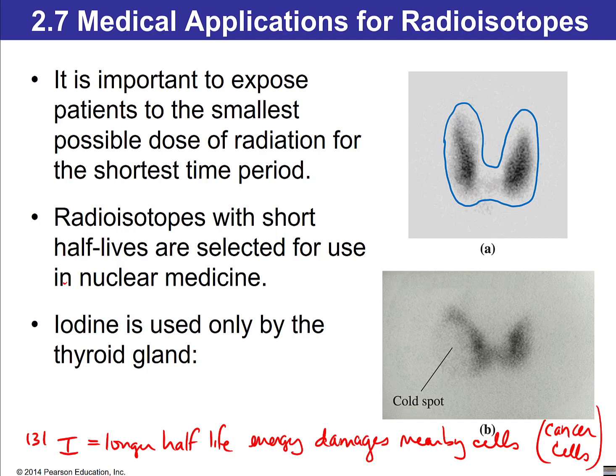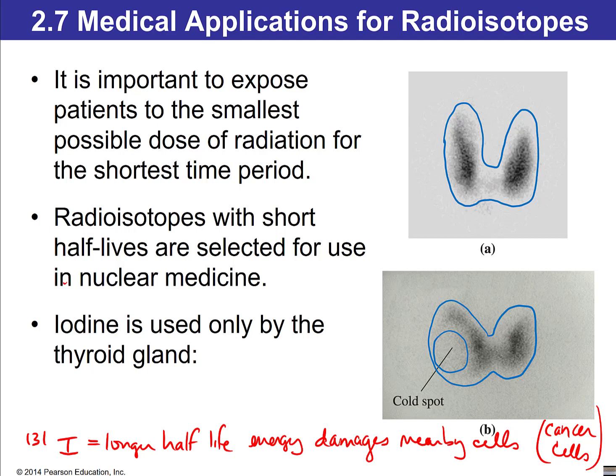So in a normal looking thyroid, do you see how it's kind of uniform? So it's sort of all even, and that's what the detector will show. But see the bottom one. So see how the bottom one, how it's sort of out here? They're not very symmetrical. They should look the same. And over here, it's light in comparison to the normal.